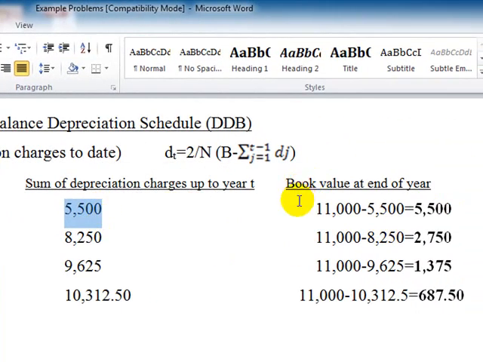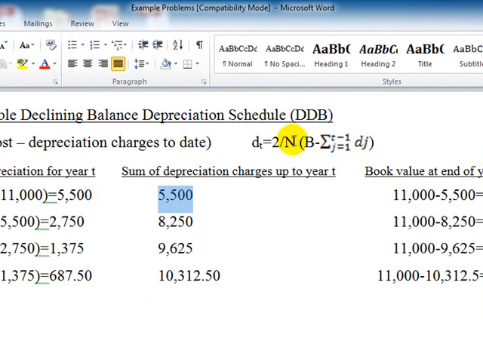Then the last column is for the book value. Book value is basically the present value, which is B minus the total depreciation.